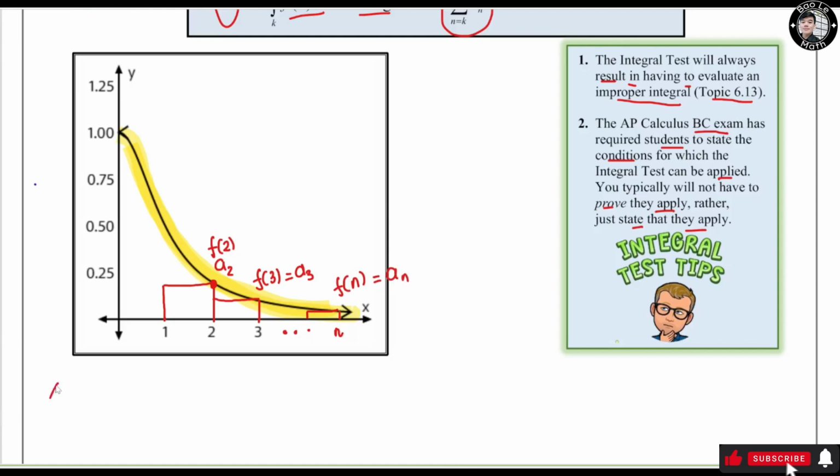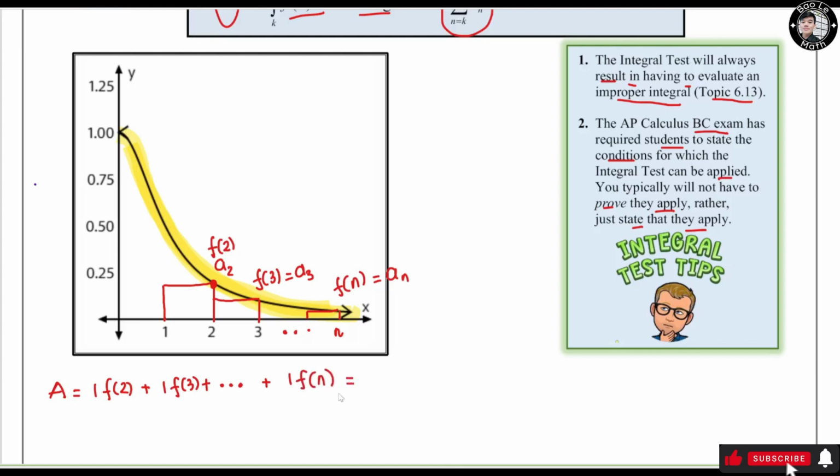So the area equals the area of each rectangle, and then you add them up. Each rectangle has a width of 1, so you have 1 times f of 2 plus 1 times f of 3 plus etc. plus 1 times f of n.